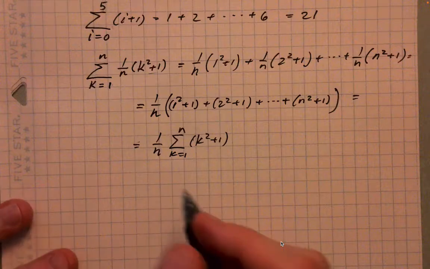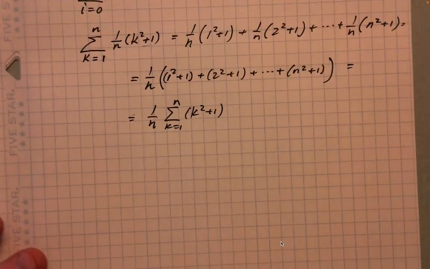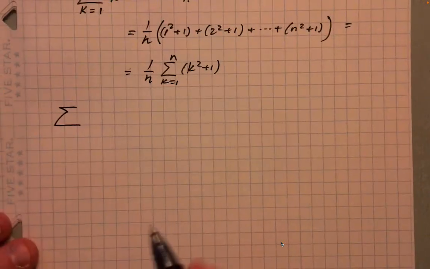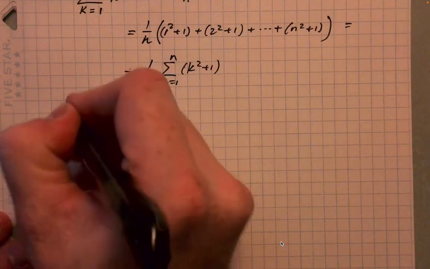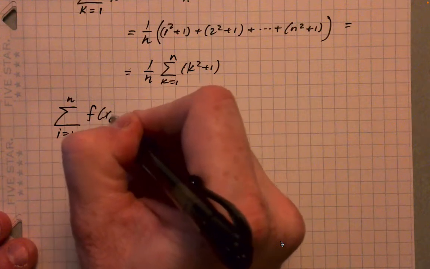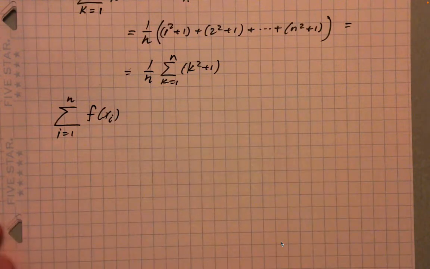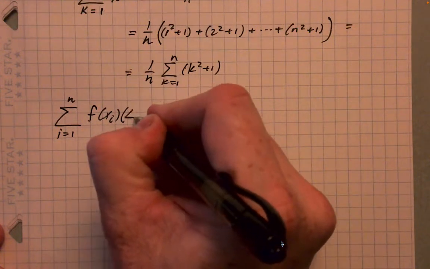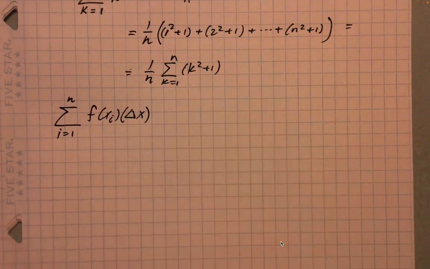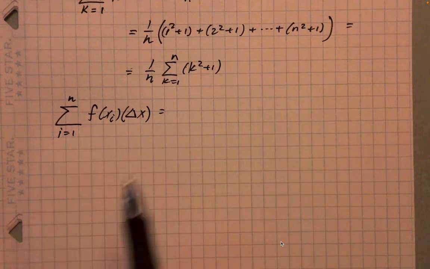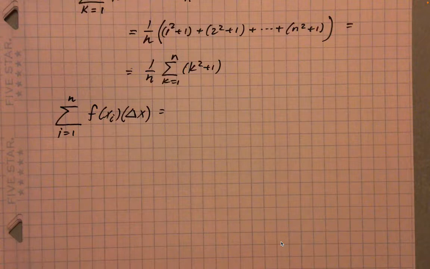Let's take a slightly more abstract example. What about this? The sum as i goes from 1 up to n of some function evaluated at some value xi times some other value called delta x. Now this sum will be used extensively later in the lecture.